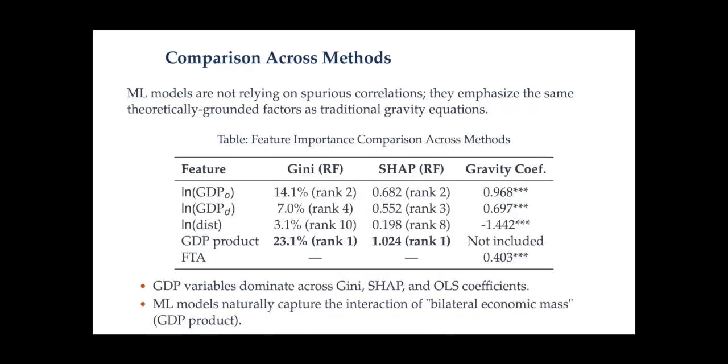In the comparison across methods, the machine learning models rely on correlations. Even though it is covered by a mysterious black box, the background explanatory power justifying the old gravity model is right here, showing the results.